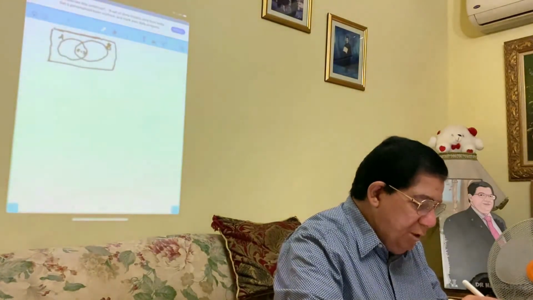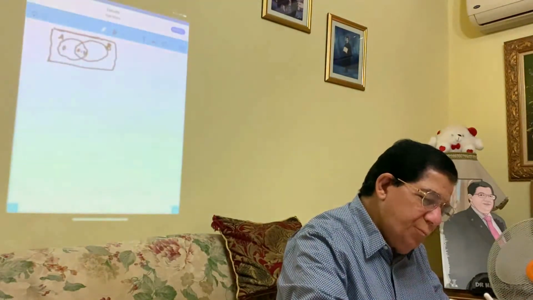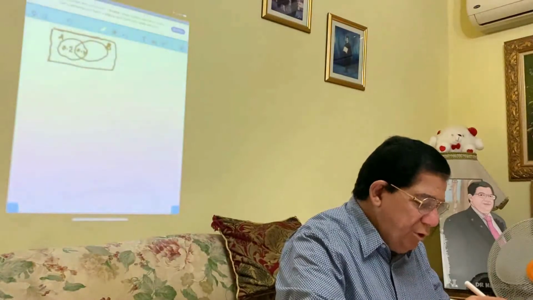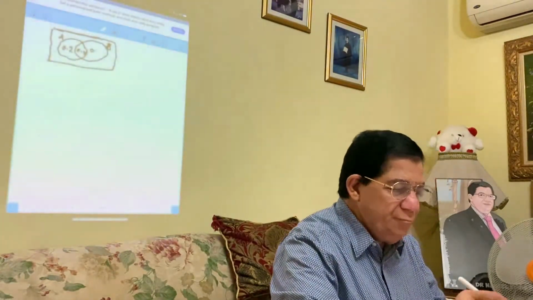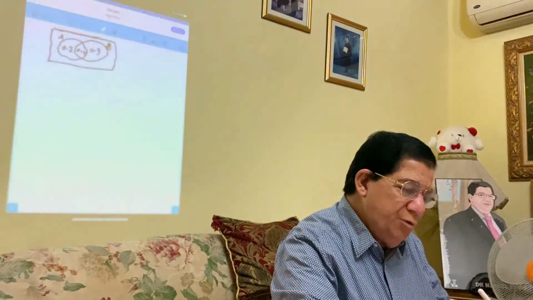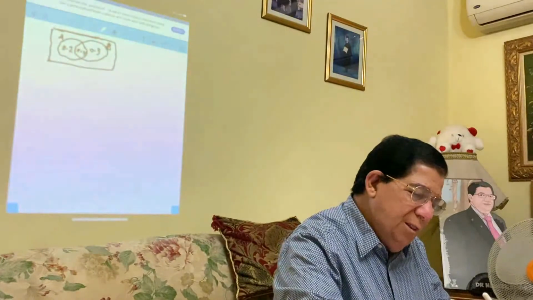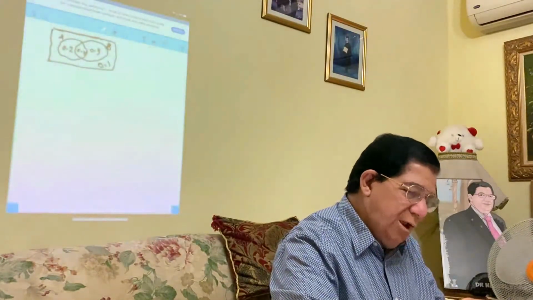Because the probability of A is 0.6, this area is 0.2. Because the probability of B is 0.7, this area is 0.3. And then 0.2, 0.4, 0.6, 0.3, 0.9, this area is 0.1. Then we can answer any questions.